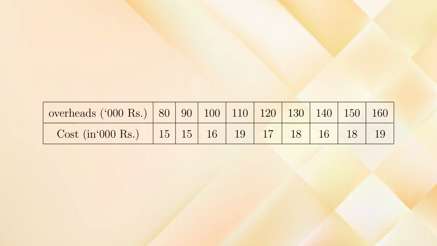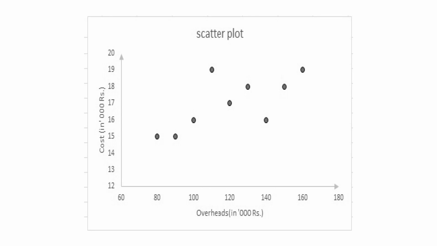Now, let us look into the construction of the scatter plot with the help of an example. The data is related to the overhead expenses and cost of production. To represent them in pairs, choose any variable in x-axis and the other variable in y-axis. Let us consider overhead in x-axis.